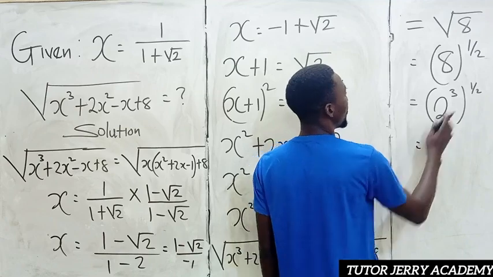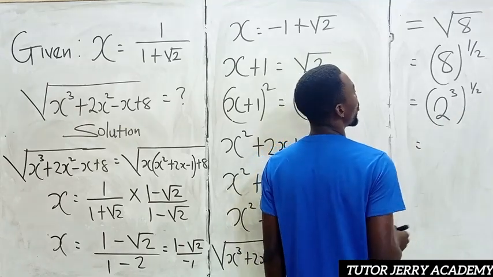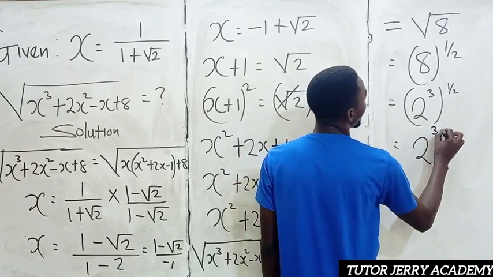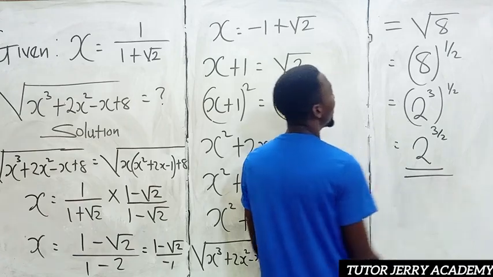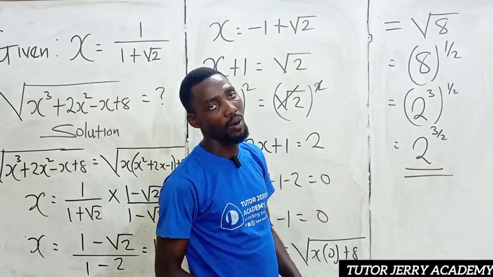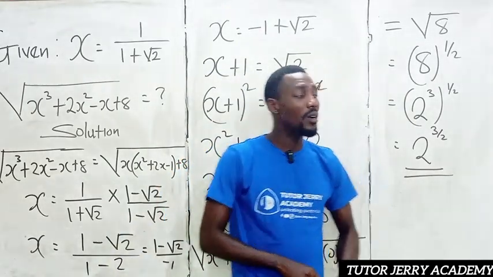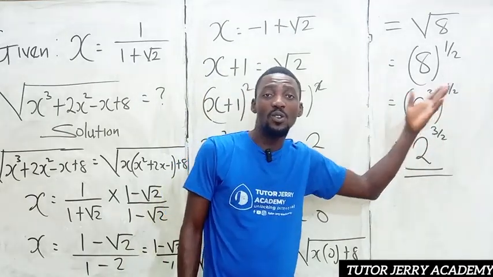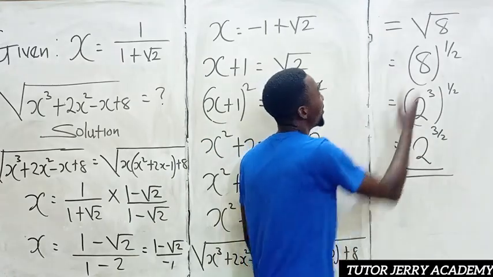Power multiplies power: 3 times 1 over 2 is 3 over 2. So your answer is 2 to the power of 3 over 2. So you either leave your answer as root 8, or as 2 to the power of 3 over 2.